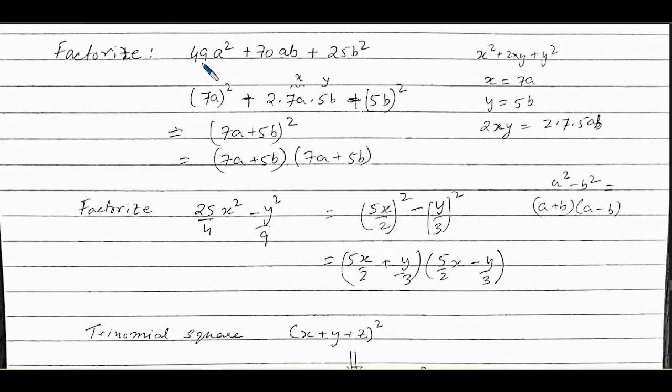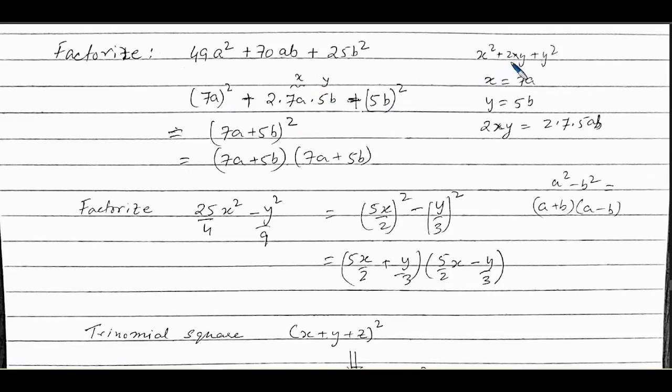Now factorize this equation, 49a square plus 70ab plus 25b square. So this also I can write as a complete square. Okay, this is a square plus 2 times ab plus b square, or I have written here x square plus 2 times x into y plus y square.